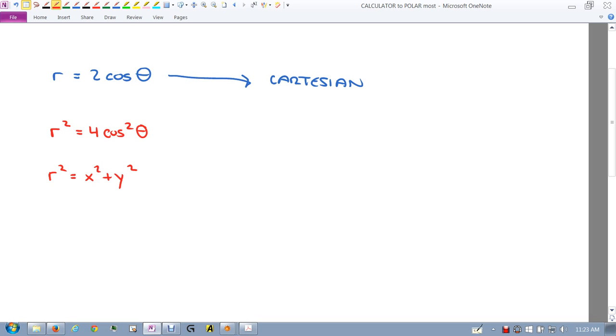Okay. So, let me turn this off. From this we could write that x squared plus y squared equals 4 cosine squared theta. Anything else we could do?